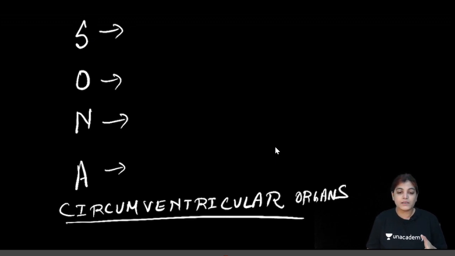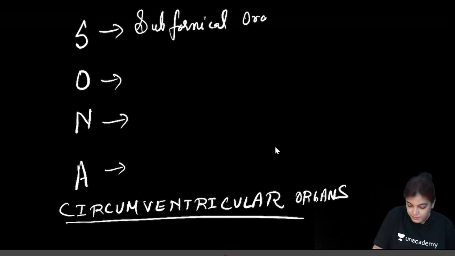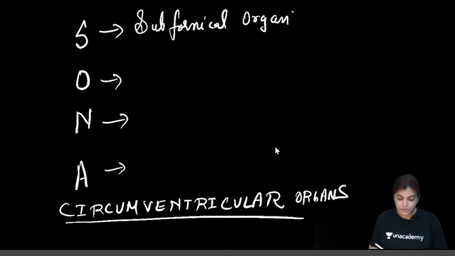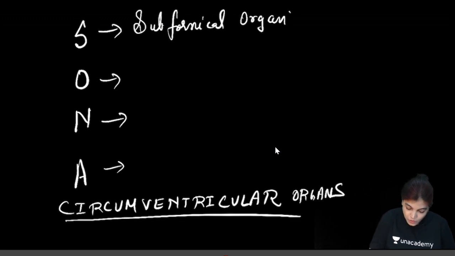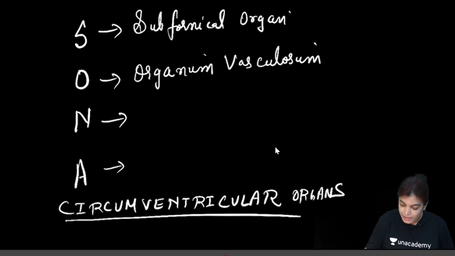Why are they called circumventricular organs? Because they are found in association with the third and the fourth ventricle. What does S stand for? S stands for subfornical organ. This was the first. The second is O, standing for organum vasculosum, in close association with the lamina terminalis.